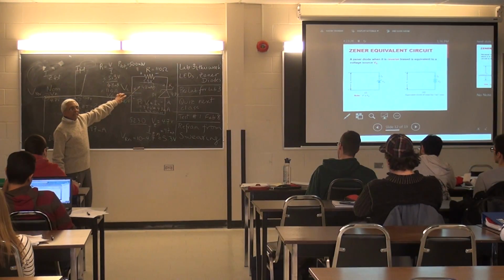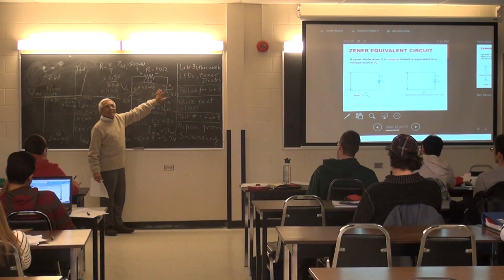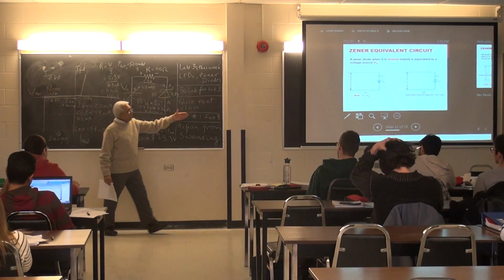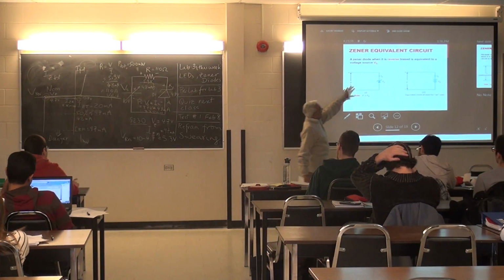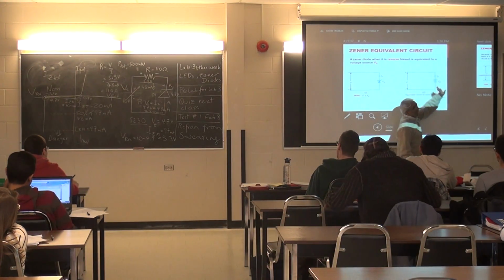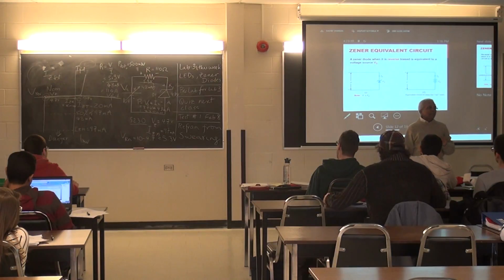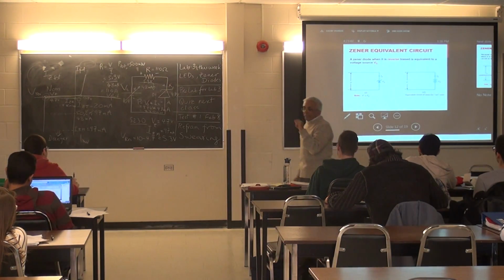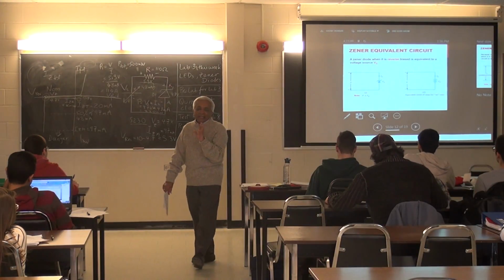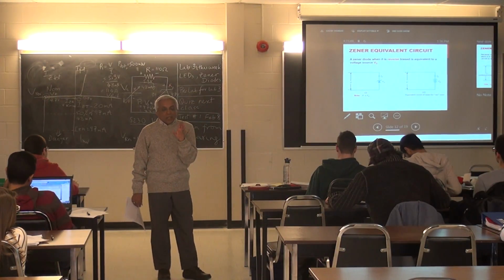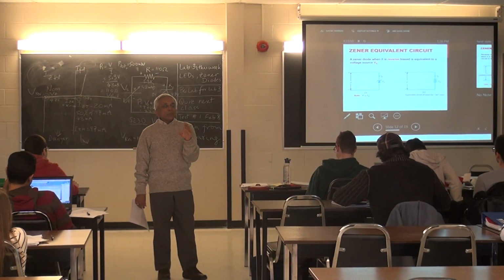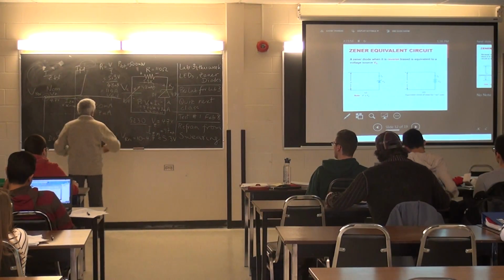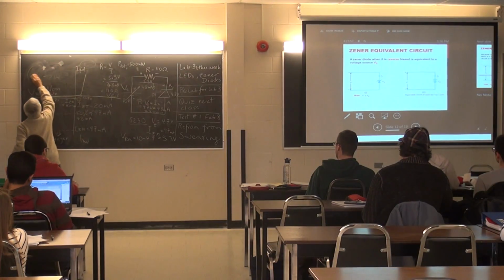As this voltage is increasing, the voltage here stays constant around 4.7 volts. That means that the zener is acting like a voltage source of about 4.7 volts. Okay? So that is how zeners are used in a circuit, more like a voltage source. That's why another word for zener circuit is a regulator circuit.